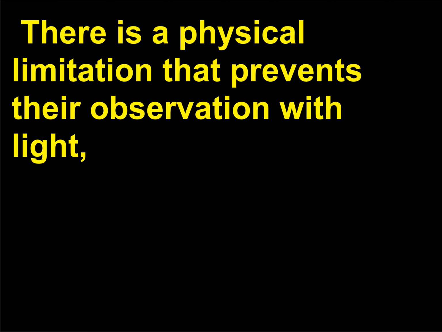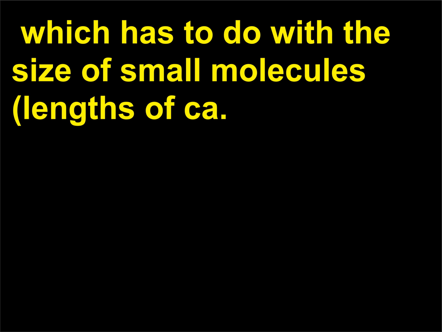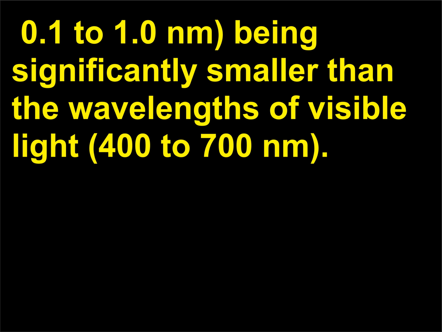There is a physical limitation that prevents their observation with light, which has to do with the size of small molecules, lengths of ca. 0.1 to 1 nanometer, being significantly smaller than the wavelengths of visible light, 400 to 700 nanometers.